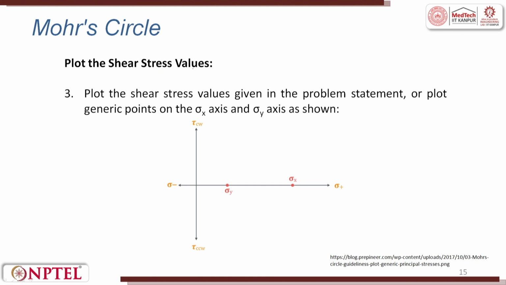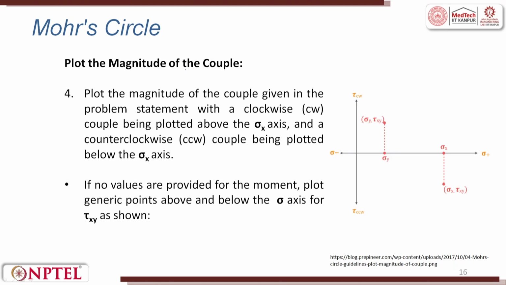Plot the shear stress value. For plotting the shear stress value given in the problem statement, or plot generic points on the sigma x axis and sigma y axis are shown here, sigma x and sigma y, right. Plot the magnitude of the couple. So, you can see sigma x and tau xy, sigma y and tau xy.